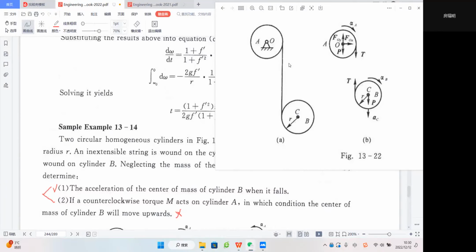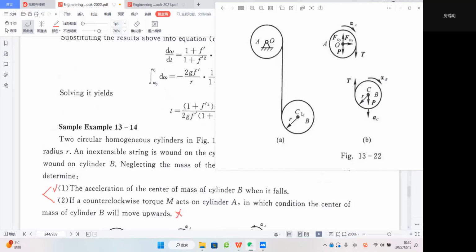Maybe it's a downward movement along this inextensible string, and at the same time it also has some motion like the wheel moving along an inclined slope, right? Not like this. That means this one has a rotation around the fixed axis, and this one will have a plane motion. So how do we get the acceleration of the center of mass of cylinder B when it falls?